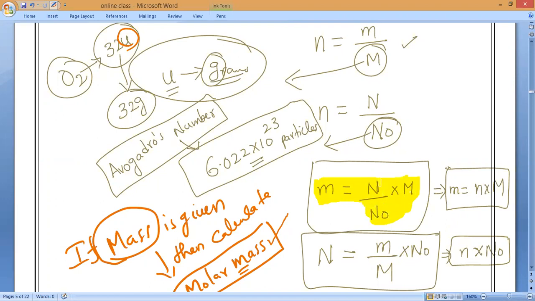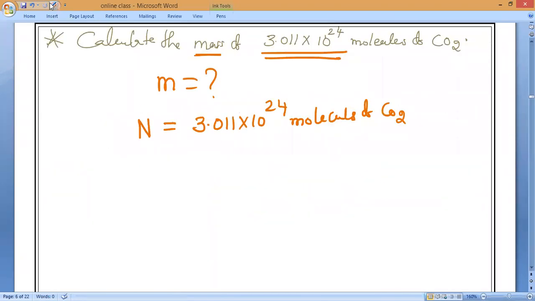That is what you have to remember. But if you want to use that formula, you must know the molar mass. So M is equals to given number of particles divided by Avogadro number into molar mass.